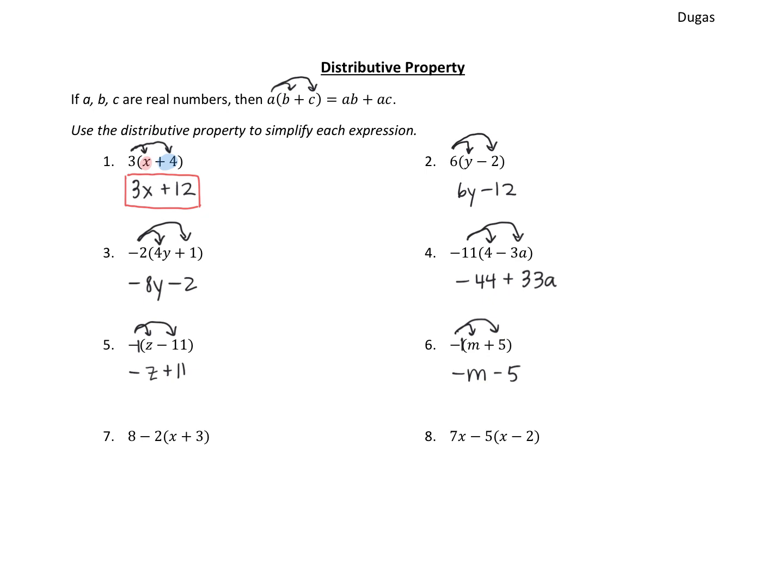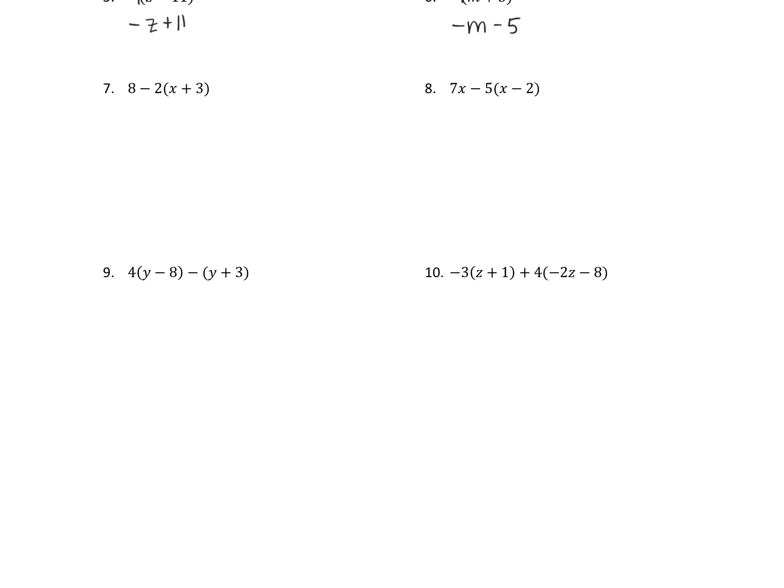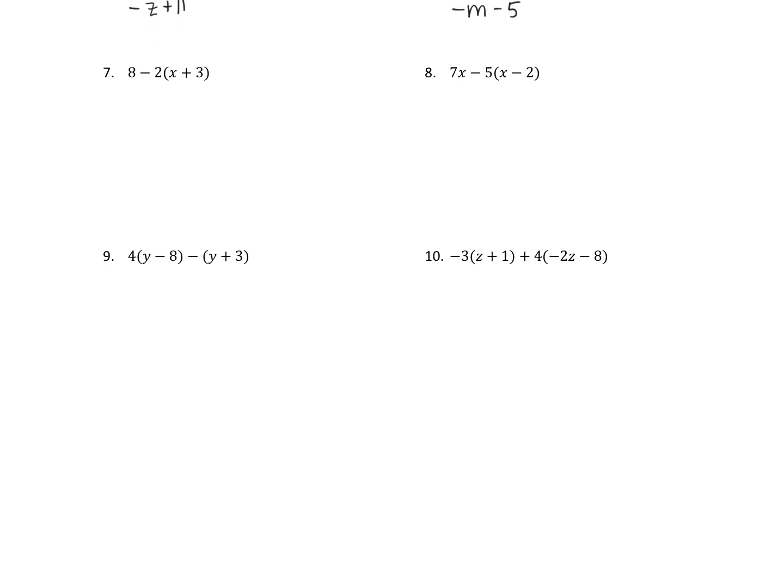Number 7 and number 8. Let's move these up so they're a little easier to see. So for number 7, this one's a little bit different because it has the 8 on the outside. Now you may be tempted, because it's tempting, to do 8 minus 2 first and get 6.